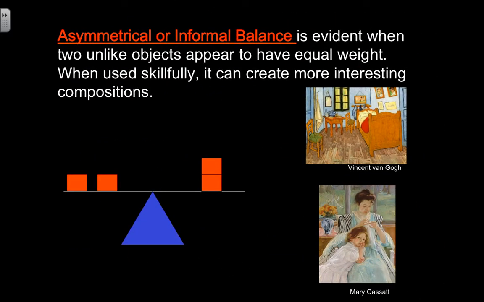And then we have asymmetrical or informal balance, which is evident when two unlike objects appear to have equal weight. It is used skillfully and can create a more interesting composition. So if we take a look here at the Van Gogh painting, we've got a bed on one side that seems very large and very heavy.